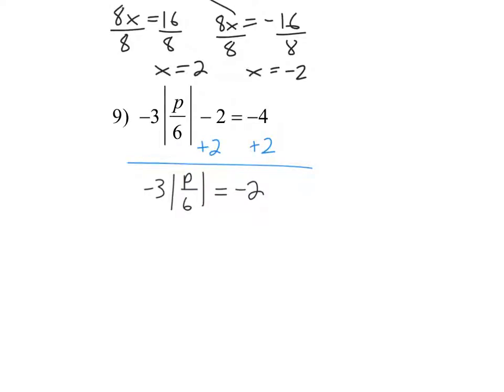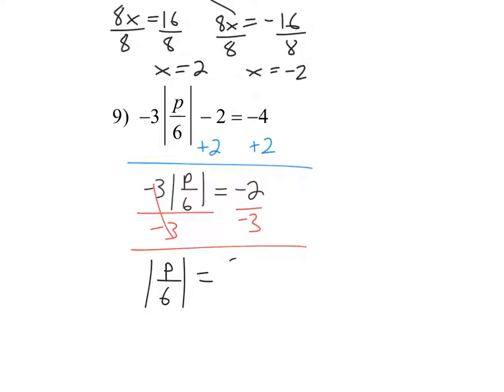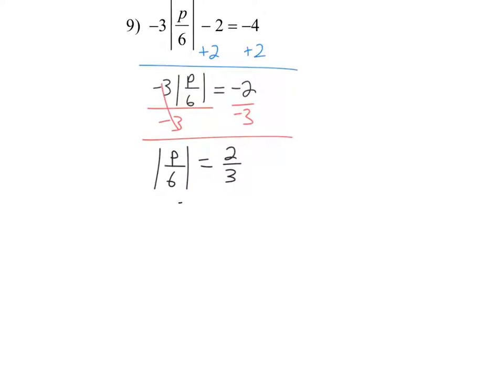Now we can't split it yet because we still have that negative 3 that we need to get rid of. So we'd divide by negative 3 on both sides. The negative 3's will cancel out, and we would end up with the absolute value of p over 6 equals positive 2/3. Now you could go ahead and split it: p over 6 equals 2/3, and p over 6 equals negative 2/3.